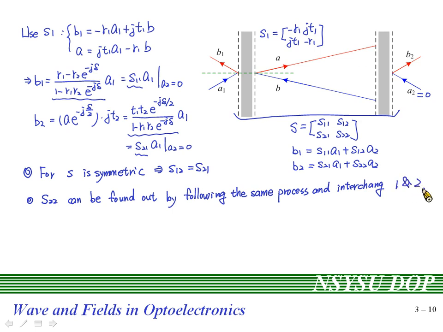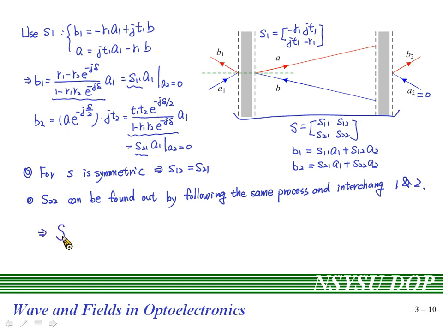So following the process of finding S11, you can just interchange 1 with 2, then you will obtain the result for S22.